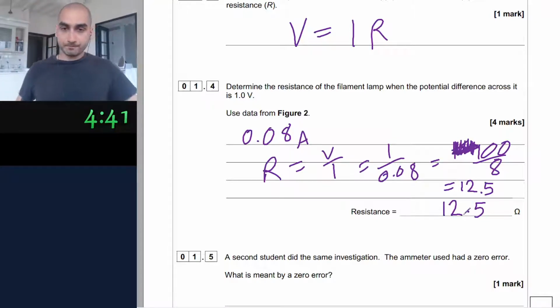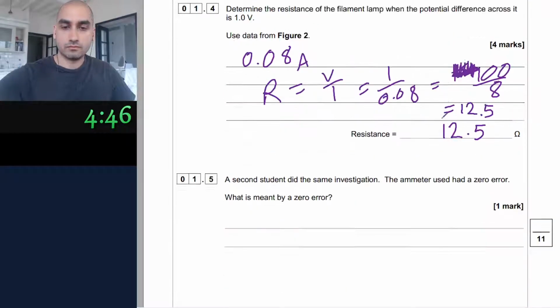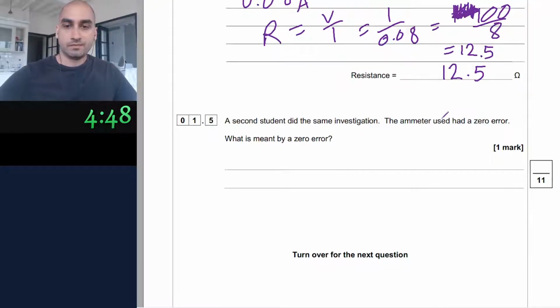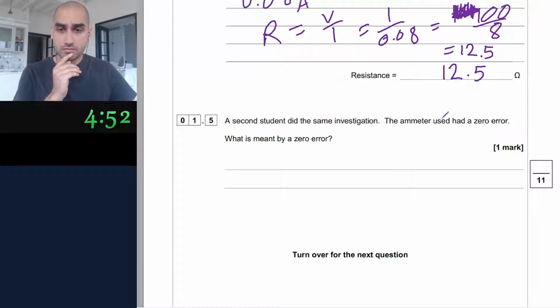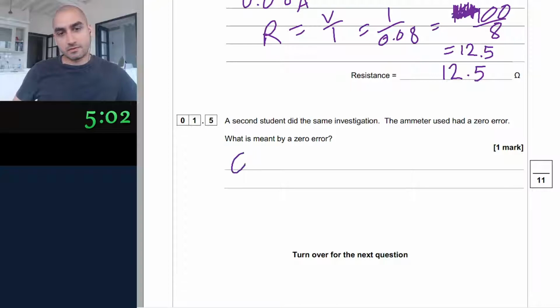Excuse me. The ammeter used had a zero error. Guaranteed to be correct? What?